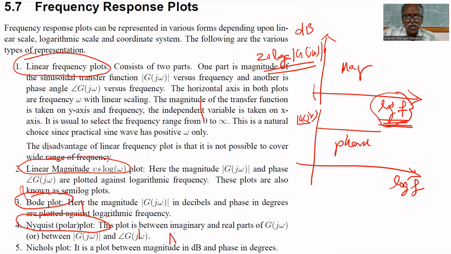If you plot the polar chart in a Nichols chart, then it is called Nichols plot. So we are going to study these three: polar plot, Nyquist plot, and Nichols plot. These are the three plots that we are going to see.